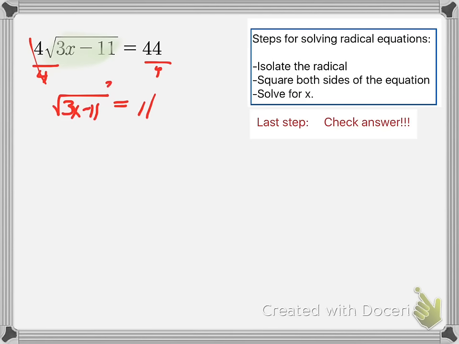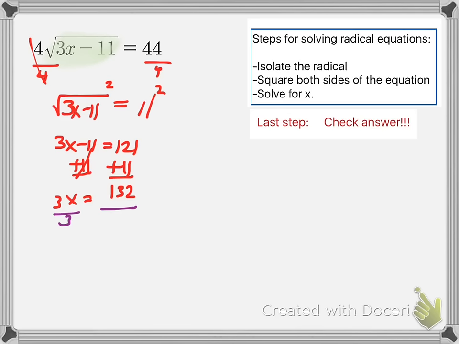You're going to want to do that because it gets rid of the radical. To solve this, you're trying to get x by itself, so you'd want to add 11 to both sides. And then you'd want to divide by 3. Okay, this would tell us that x equals 44.